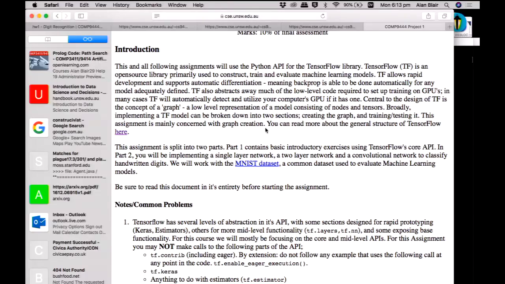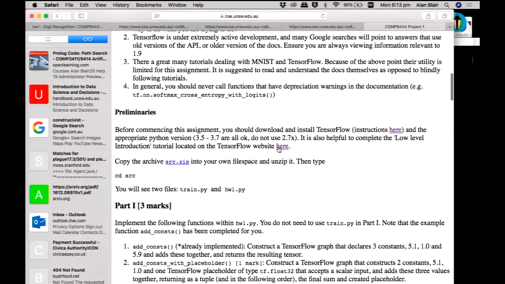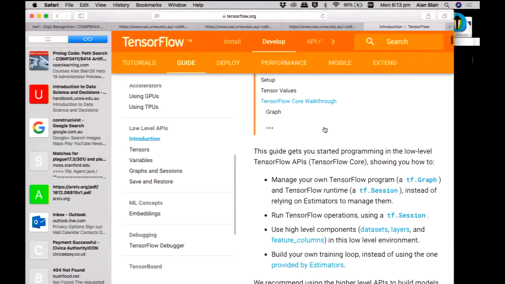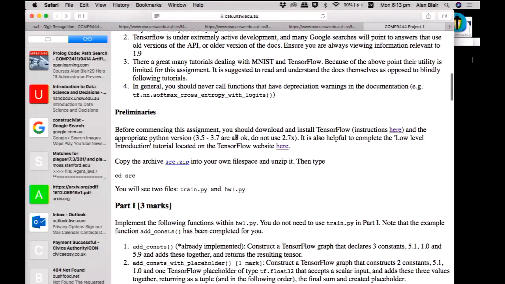That's why we've recommended that you start off with this tutorial with the low-level introduction. There's a link to this here. It goes through and explains in more detail about graphs and sessions and so on. And if you have any difficulties with this, please go along to the lab sessions and ask questions or post questions on the forums.